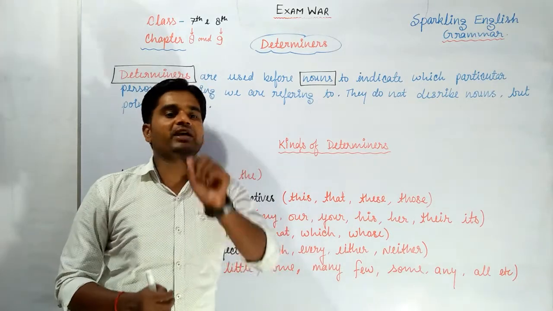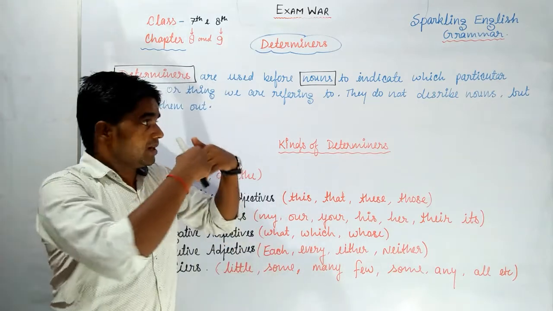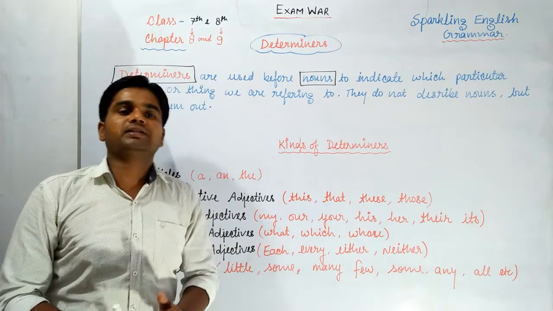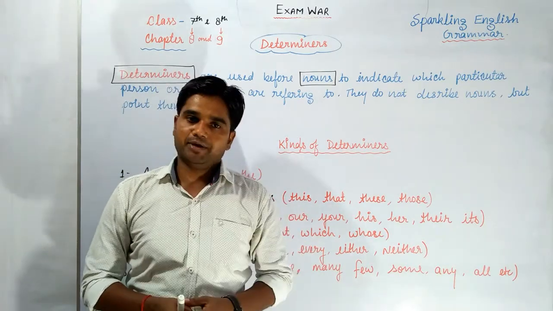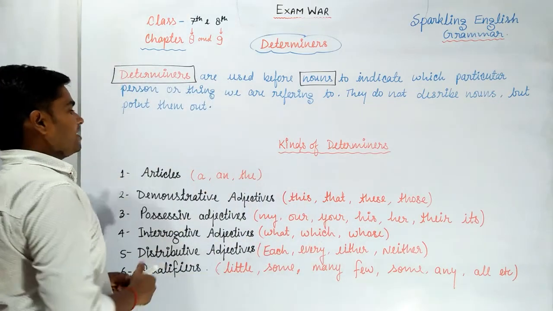So in short, determiners are the words which point out particular nouns, and they also describe nouns which are either particular or common. So this is the definition. It is also given in a book.